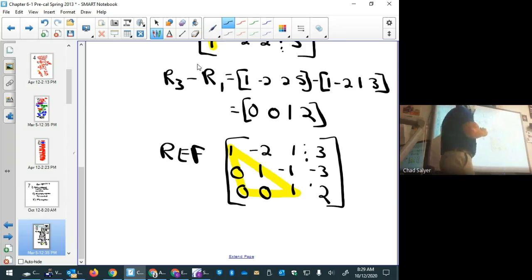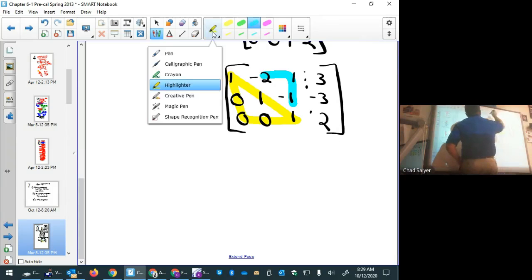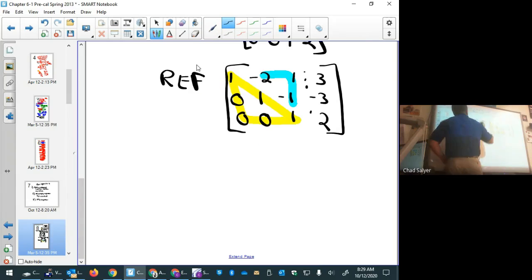So once we're in row echelon form, our new targets in order are the values above the main diagonal from left to right. So the way I'm going to attack that -2 is I'm going to take row sub 1 and I'm going to add 2 times row sub 2. See how that's going to make this a 0?